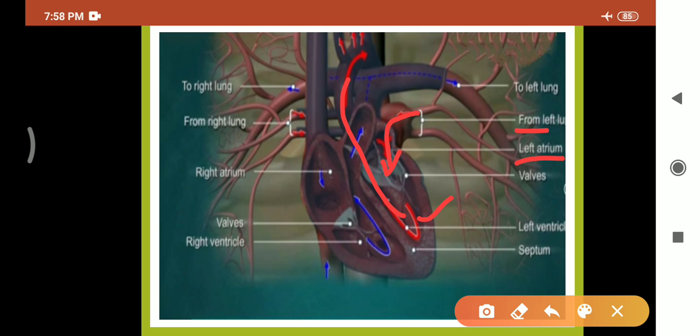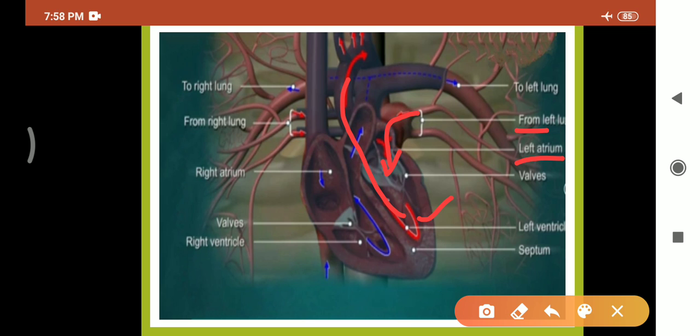When we talk about the aorta, we are talking about the largest artery. And the pulmonary artery and pulmonary vein are so named because they are directly attached to the lungs.